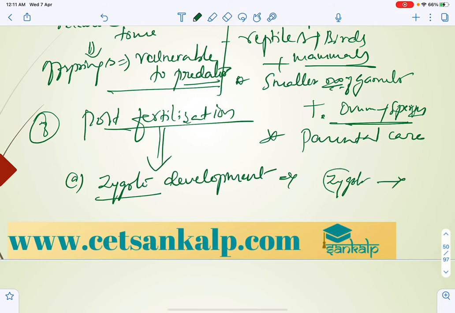The zygote is actually the first structure of the next generation, and it is going to develop into the next generation.